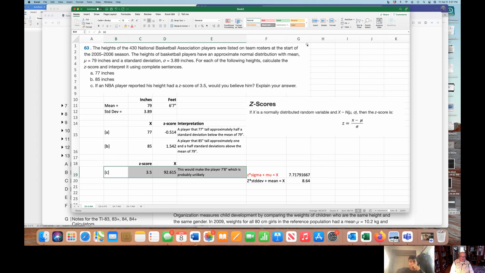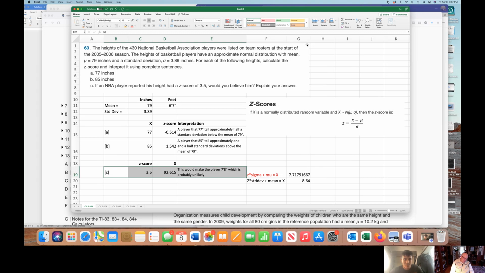Well, unless it's that guy, the tallest person ever in the NBA. Still, do you think it's likely? No. Assuming it's an average person, no, it's not an average person at all.